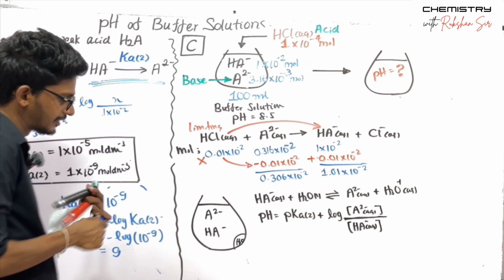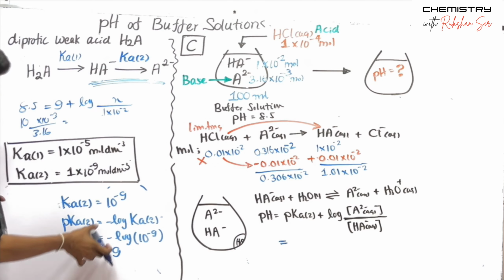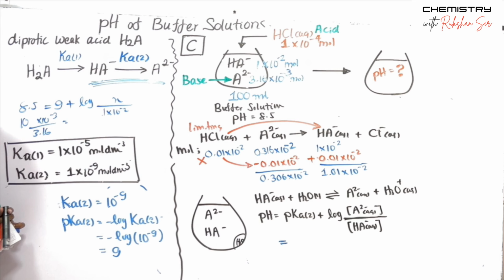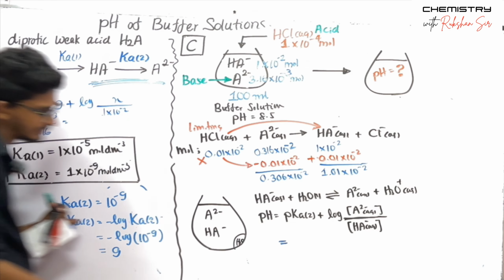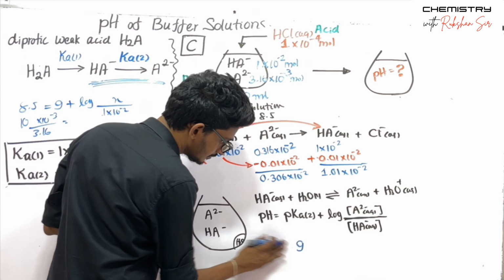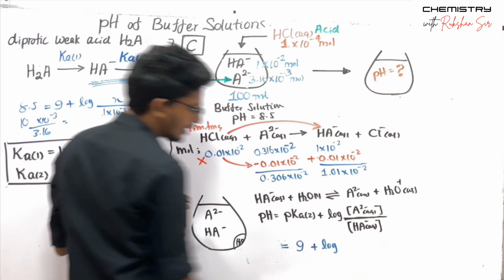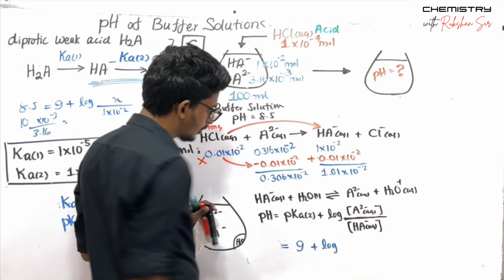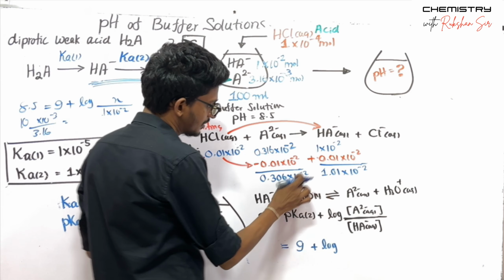So apply the values. Ka2 is 10 to the minus 9, that means pKa2 is 9, plus log. Actually, now this concentration ratio is the same as the mole ratio, right? So the mole ratio is this.